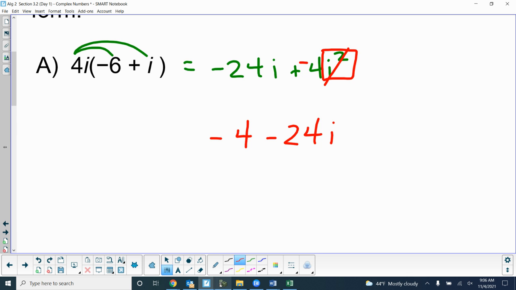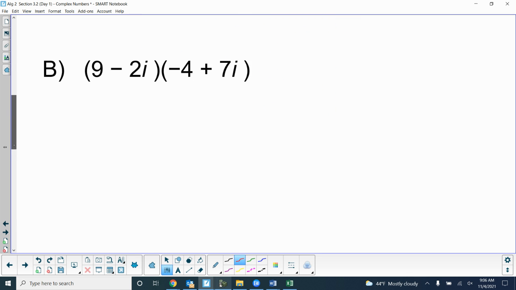Okay, Taylor, what do you think we should do here? Is there an addition sign between them? Okay, so I can't just go 9 plus -4. Yeah, so what do we do when we have two binomials and we multiply? What do we call it? Yeah, we're foiling it.